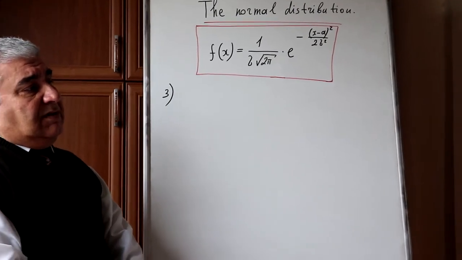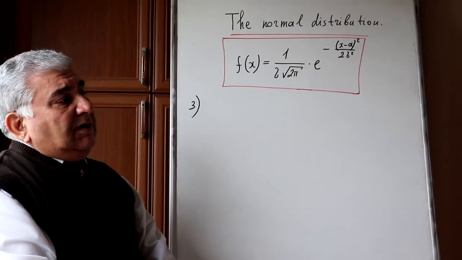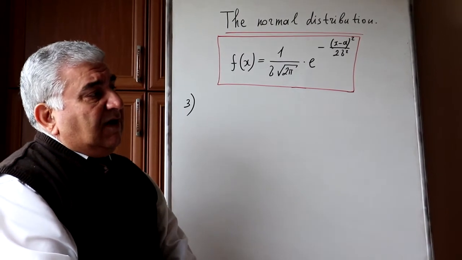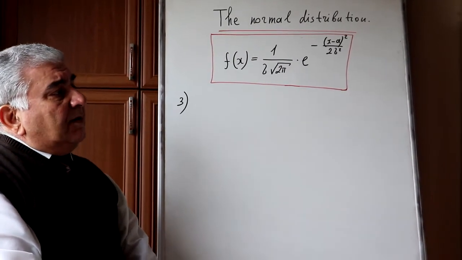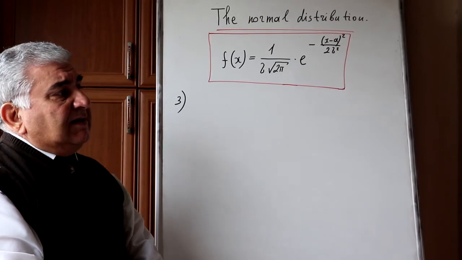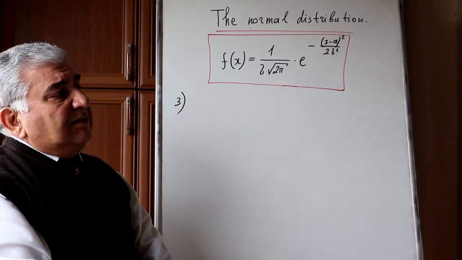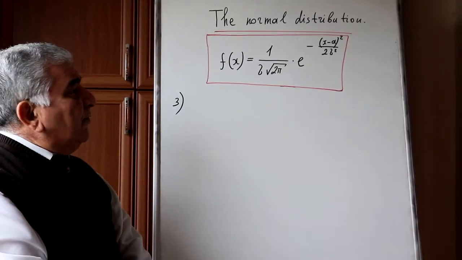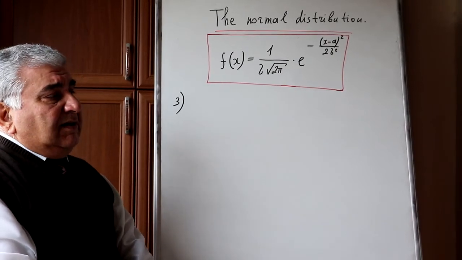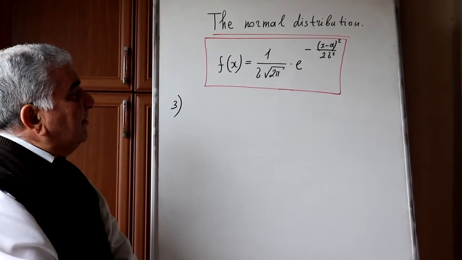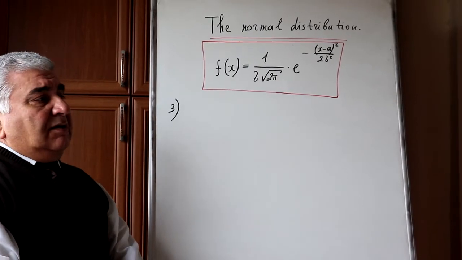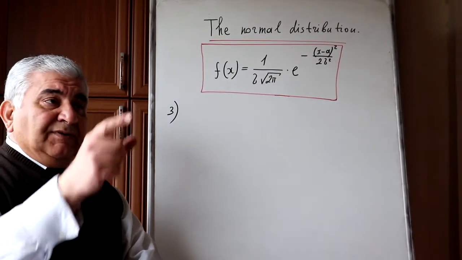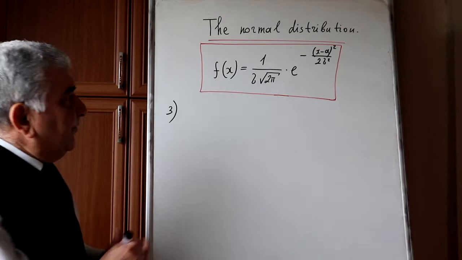Mode is such a point at which the function, the distributive density, has the greatest value or maximal value. For finding the extrema of this function, we must equalize the derivative of this function to 0.